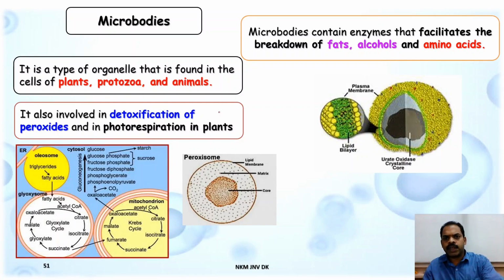They are mainly working on detoxification of materials or chemicals, alcohols, etc. We know the liver will have more peroxisomes because the liver has the function of detoxification of poisonous material and alcohol in the human body. It also takes part in photorespiration in plants. We will discuss that in the chapter on plant physiology.